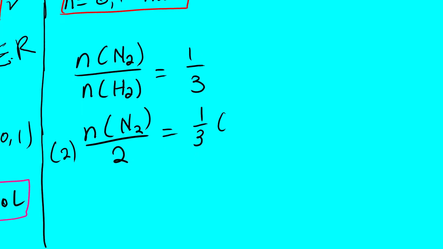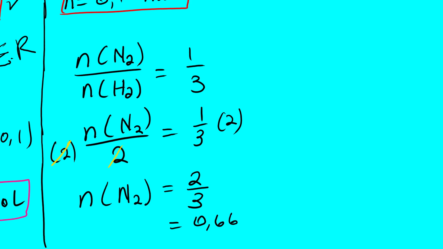Multiply both sides by 2, this will result into 1. We have 2 over 3, which is 0.667 mole.